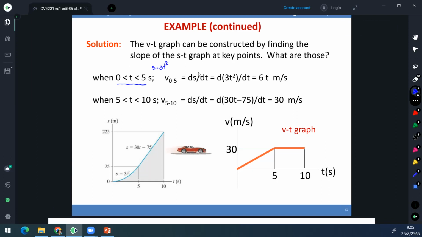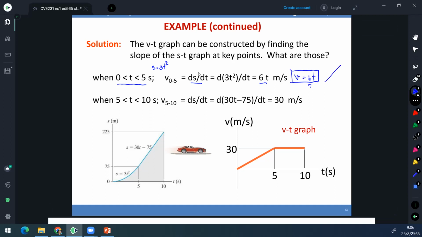To find the velocity in this interval, we take the first derivative of the position and get the velocity function equal to 6t for time 0 to 5. What does 6t mean? It means that velocity is a linear function, where 6 is the slope. The graph is linear with a positive slope, so it should look like this.